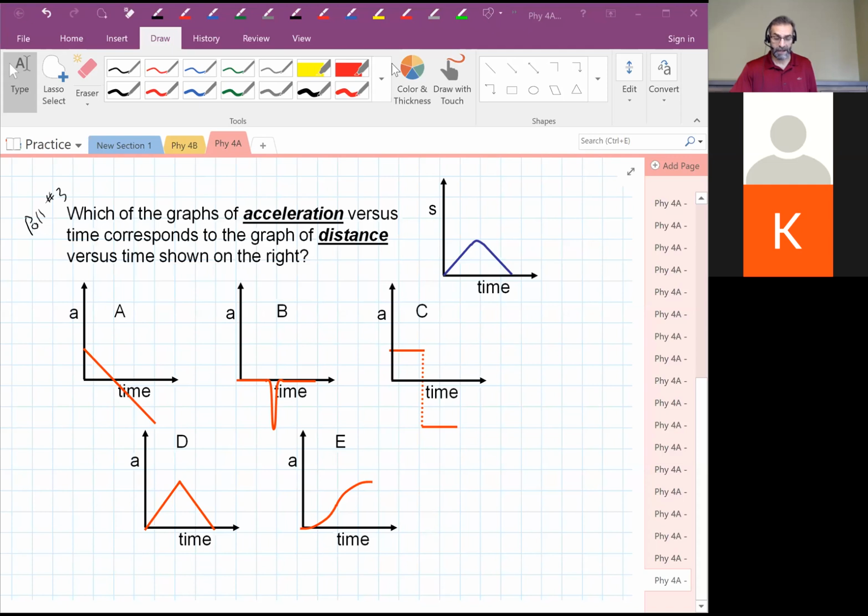Remember, we're trying to find acceleration versus time. We're given position versus time. We want to find acceleration versus time. If you have to do the intermediate step, draw the velocity versus time in between. You can do that.